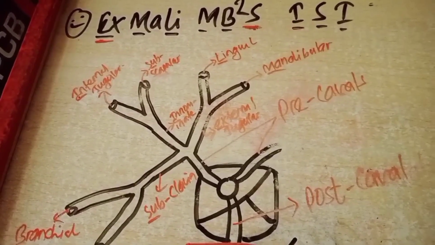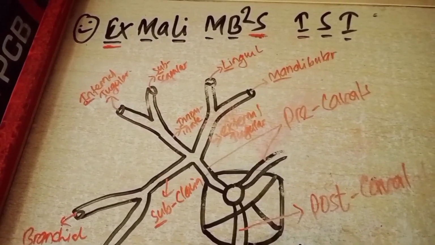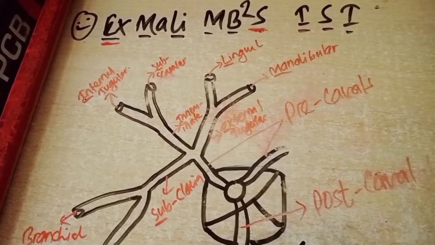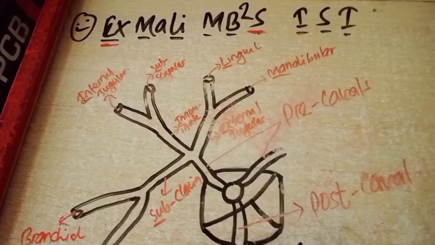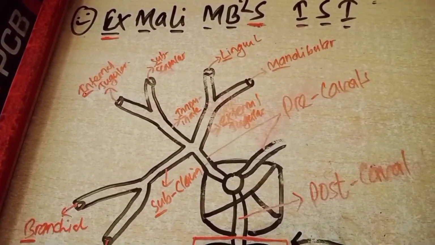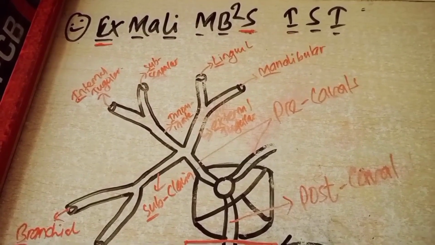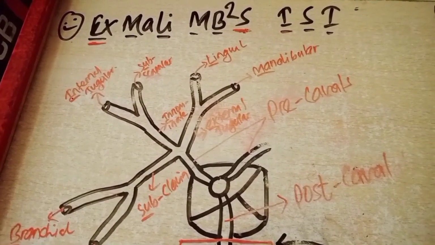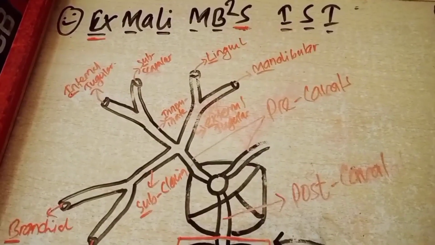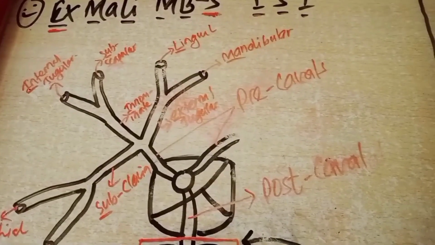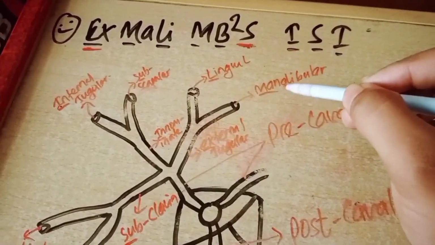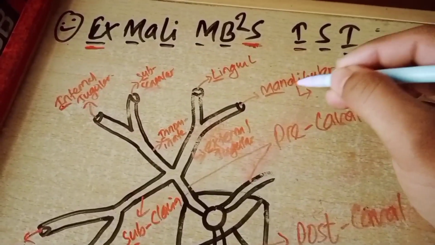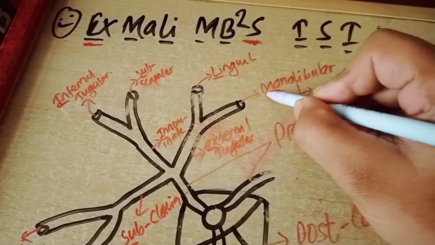And now we will read about the function of these branches. The function and the names of the veins of the venous system are the same in humans also, so you can utilize it in human beings. External jugular has mandibular and lingual. Mandibular collects blood from the lower jaw.